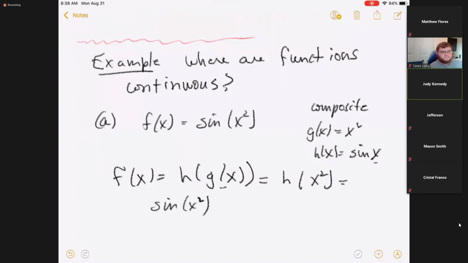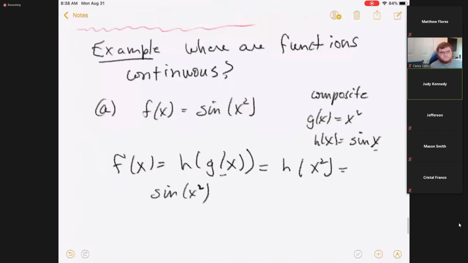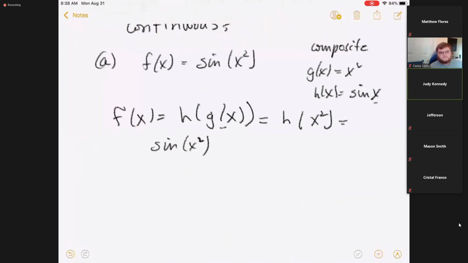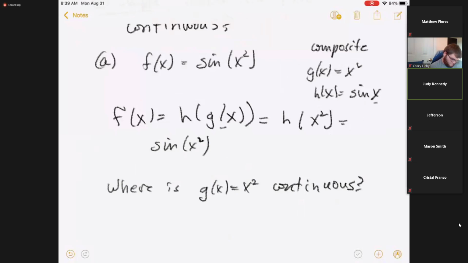So sine of x squared. We want to know where g is continuous and where h is continuous. That would help. Where is g of x equal to x squared continuous? Can anybody tell me?